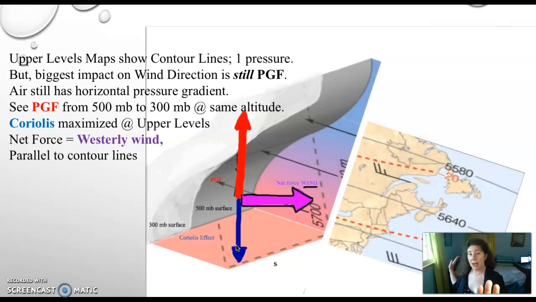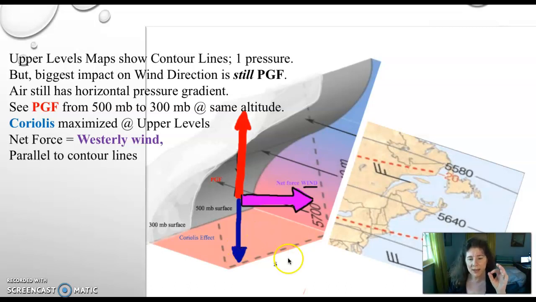As a result, in the upper levels, you're going to wind up with a western wind that balances the pressure gradient force, which still exists in the upper levels, and the Coriolis force, which is at its maximum in the upper levels because there's no friction.